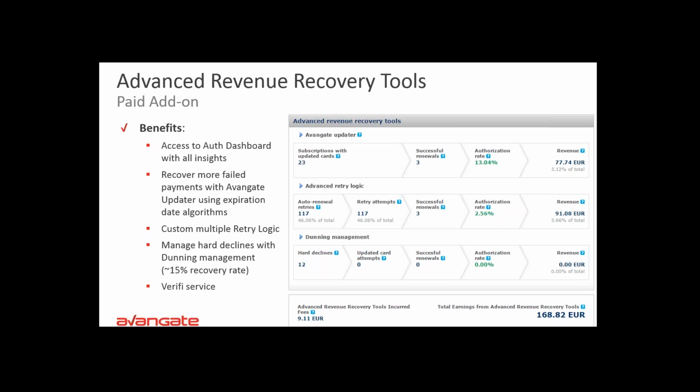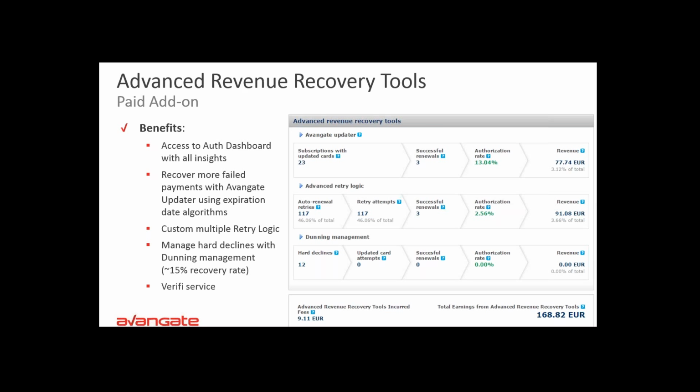So we are adding services like Dunning management, which is focused especially on hard declines recovery. We trigger real-time notifications when we receive a hard decline, so a message error from the payment processors and the banks where that transaction cannot be recovered anymore.